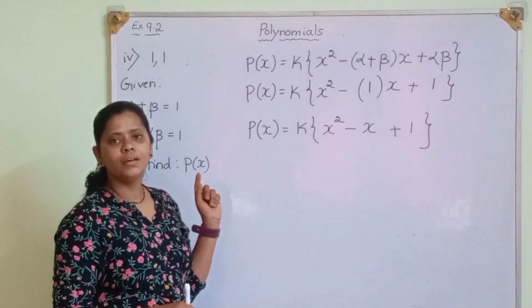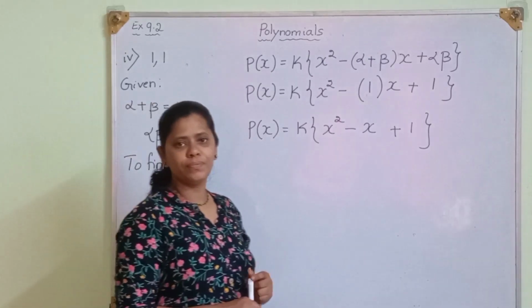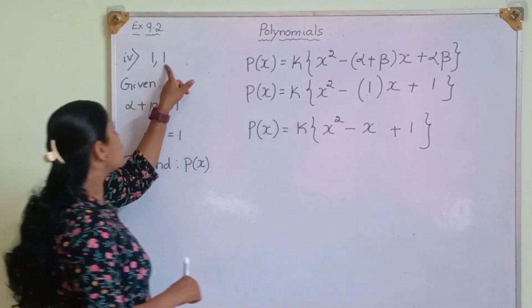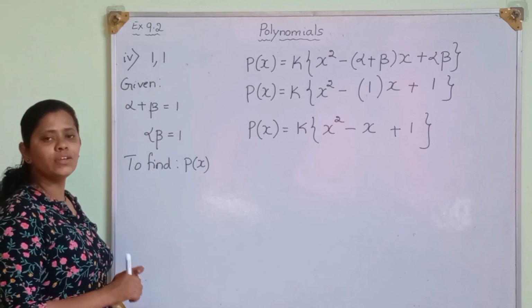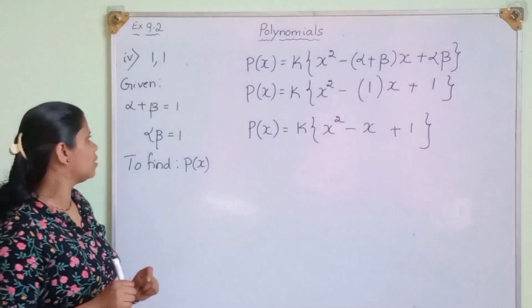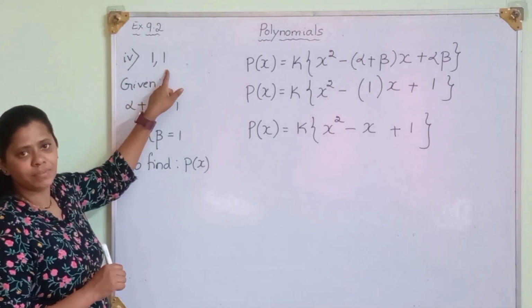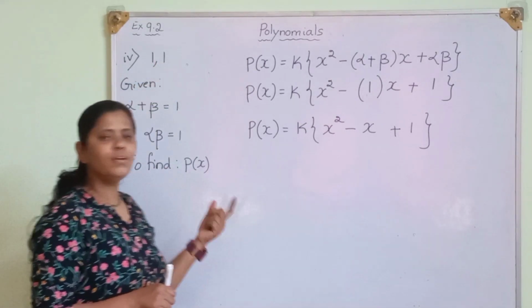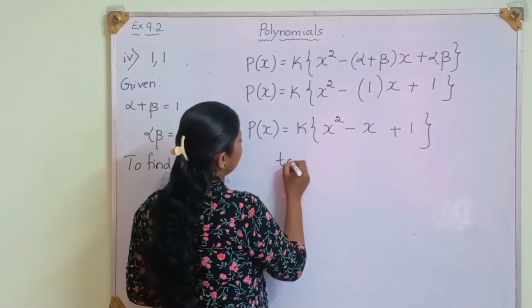Now, just remember your previous problems 1 and 2. They have given the sum and product of the zeros of the polynomial in fraction. But the question is not given in the fraction here, right? So, no need to worry.